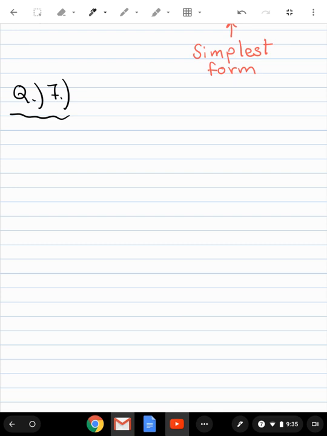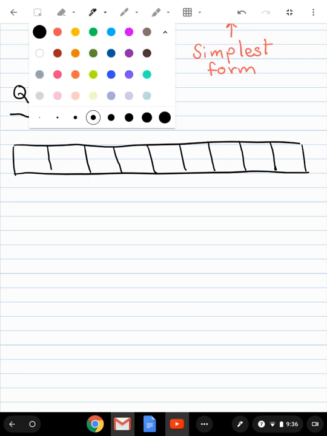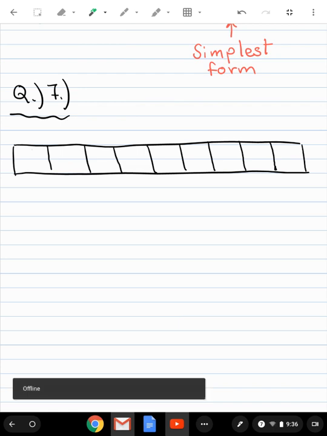We have the fraction bar and we will cut it into 9 equal parts. Here we have 9 equal parts. So each part here is 1 out of 9.